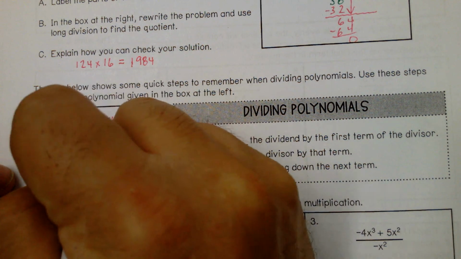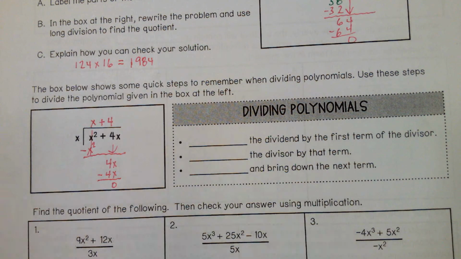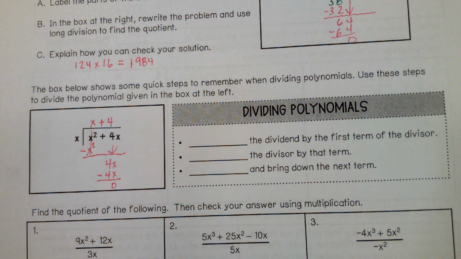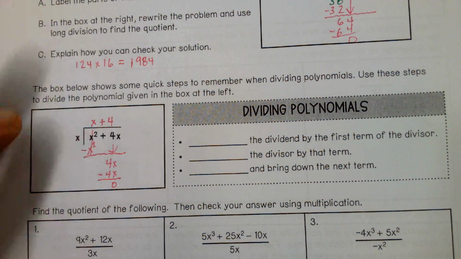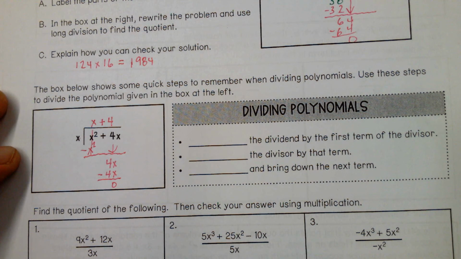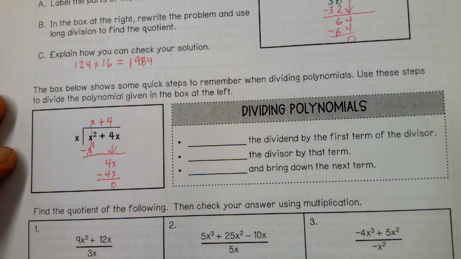And that's 0. Usually I would cross that out too. And my remainder is 0. So the answer again would be x plus 4. And of course, if I multiply x times x plus 4, I'd get x squared plus 4x.